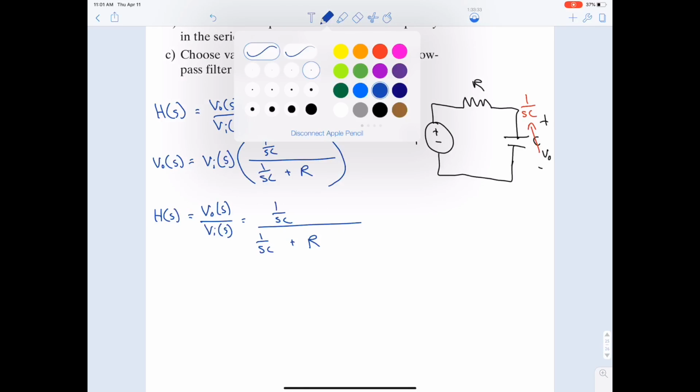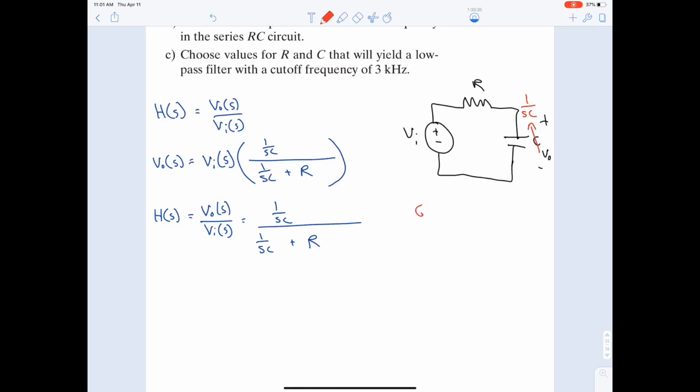Why? Because we need to make it in the same form as the general equation. What is the general equation in the low pass filter? It's omega C divided by S plus omega C, and don't forget the K, which is 1 for now, because we're dealing with passive filters.